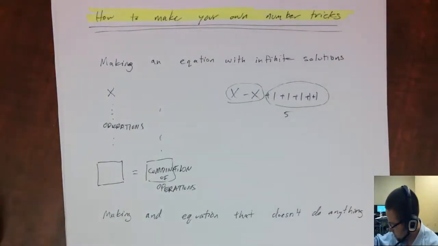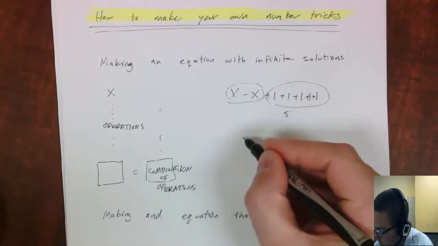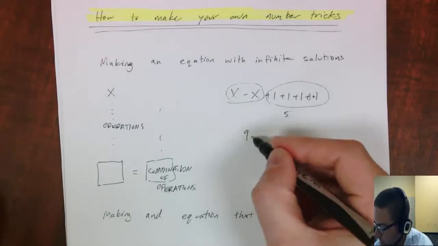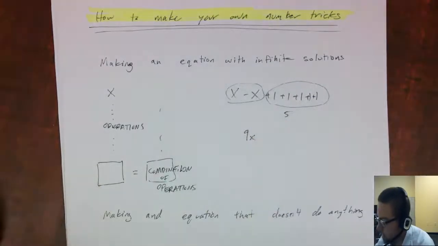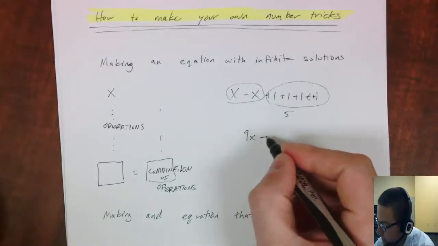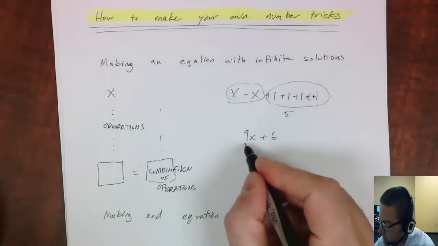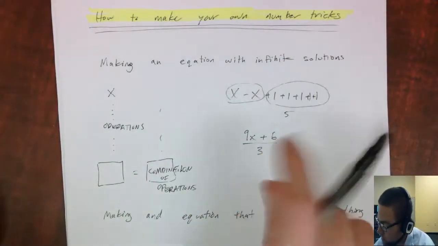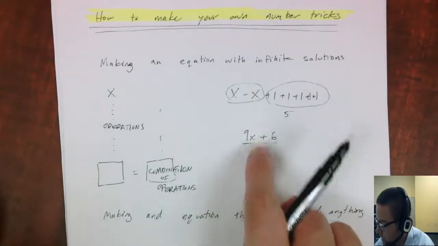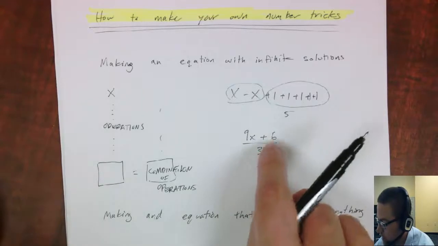Okay, so how about they pick their original number, and let's say they multiply it by 9. So that makes it 9x. And then we're going to add 6. And then we'll divide by 3. So this is going to divide the 9 by 3, so I'll have 3x, and divide this 6 by 3, so I'll have 2.